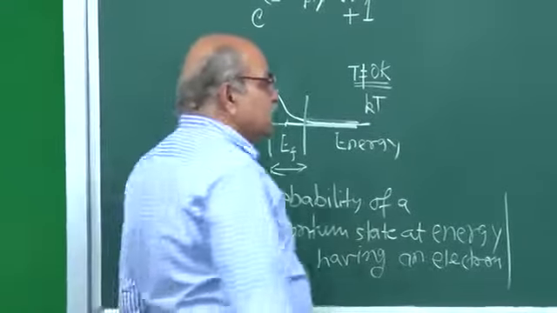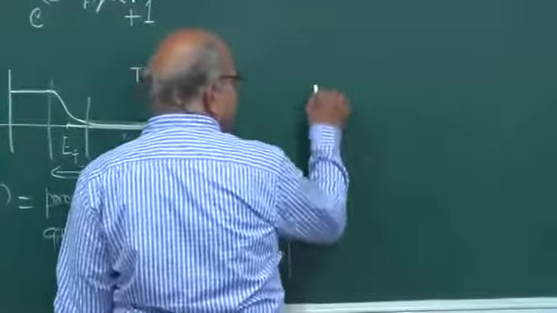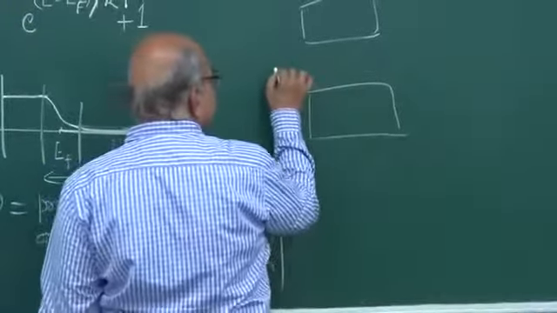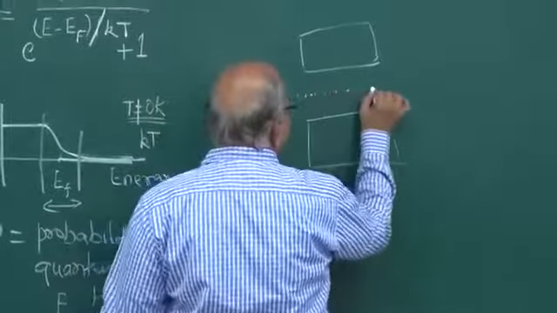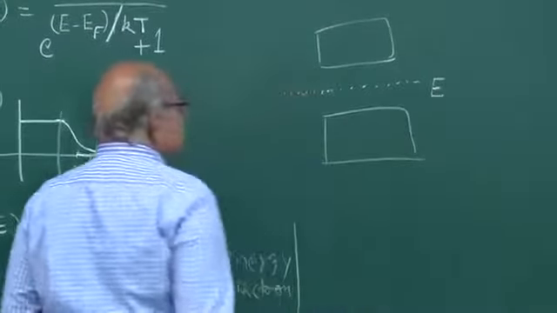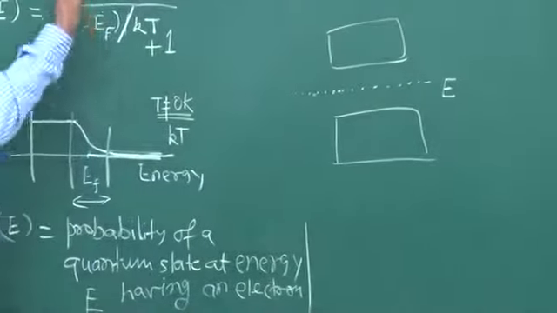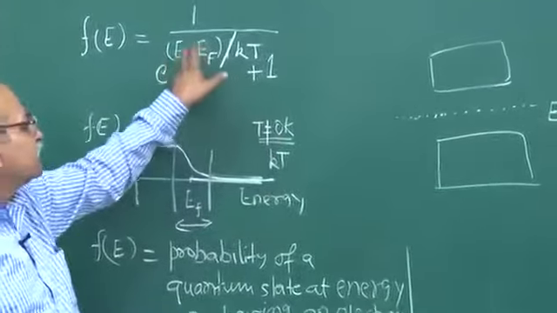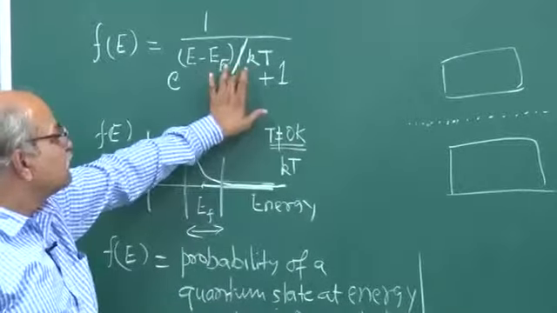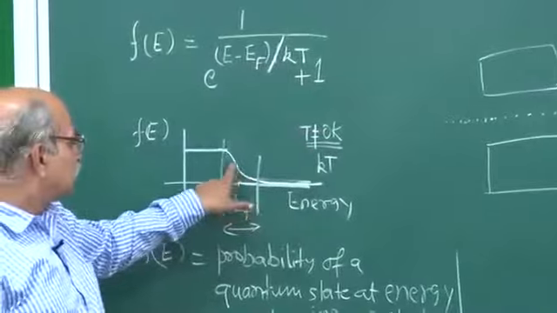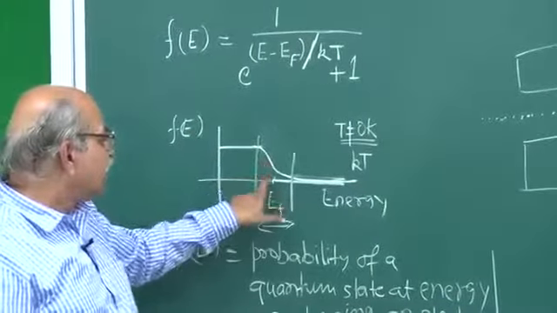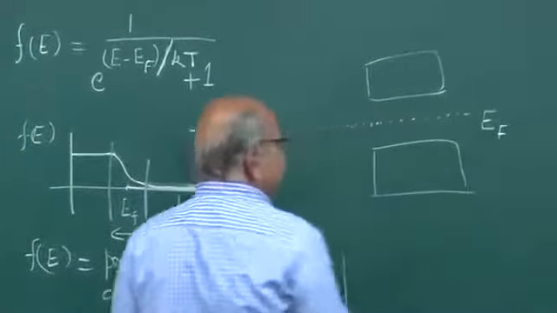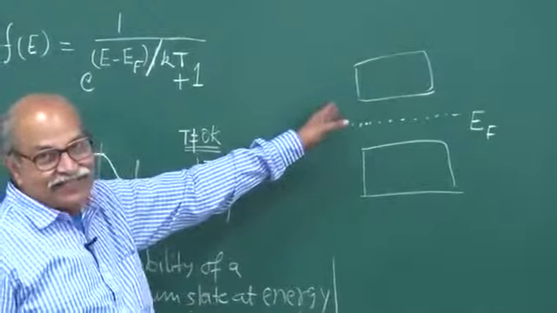So if you have this semiconductor, with the valence band here and the conduction band here, for intrinsic semiconductors this EF turns out to be somewhere here in the middle. From this function, at E equal to EF the exponent is 0 at a finite temperature, so the exponential will be 1 and this whole thing will be 1 by 2. So the probability falls to half at this EF. In this case, EF is somewhere here, and there is no quantum state here.